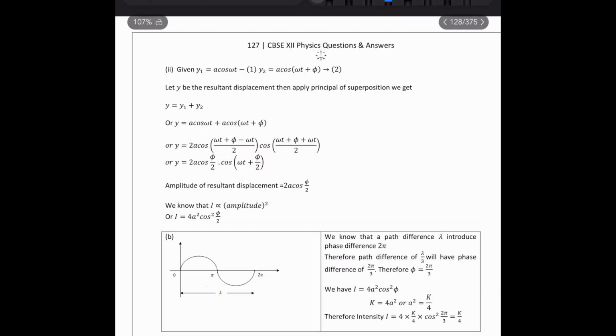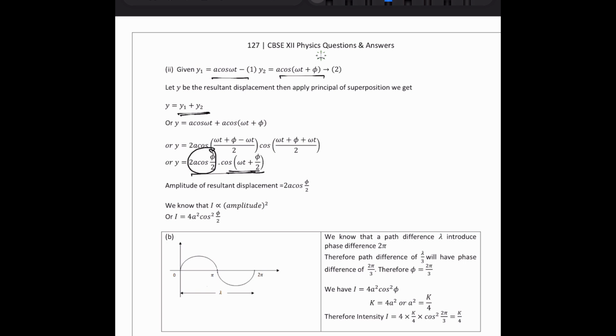So this is the principle of superposition, y1 plus y2. This is the displacement equation of the first, this is the displacement of the second, then a trigonometrical transformation, and after this we get this value. So the amplitude is 2a cos phi by 2, which is multiplied with the circular function.